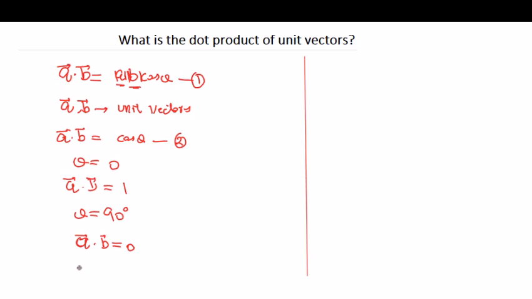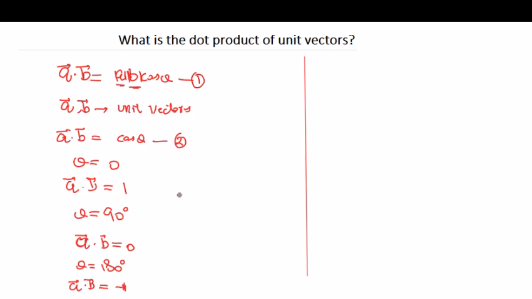Now if theta is 180 degree, then dot product A dot B will be equal to -1, because cos 180 degree is equal to -1.